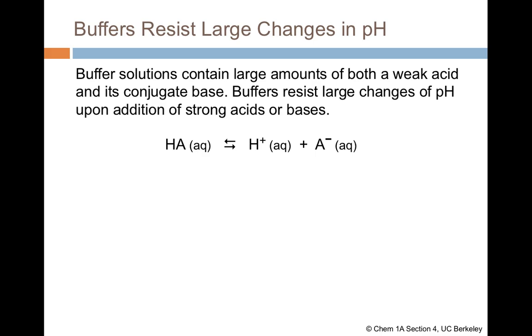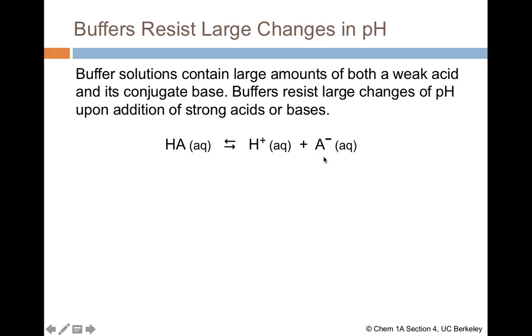The way this works is by looking at this acid dissociation equilibrium that we have looked at so many times now. If you imagine adding a little bit of strong acid, so adding some H+, well, that's going to shift this equilibrium towards the reactants, increasing HA and decreasing A-.